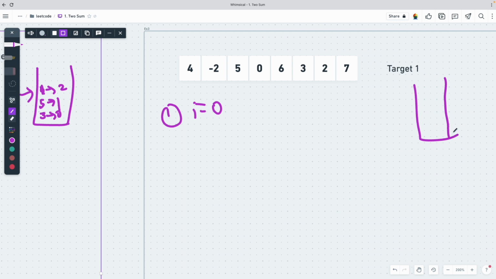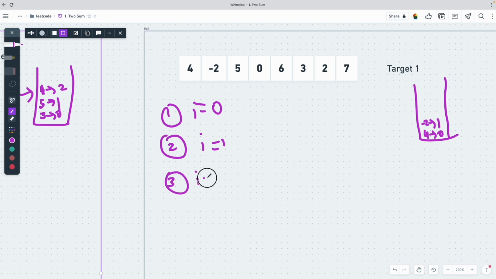When at 0 we won't find an element, so we will just put 4 at index 0. When we come to the second element, which is i equals 1, the element is minus 2, target is 1, so we are looking for 3. 3 doesn't exist, so we put minus 2 in the hash map and we continue.